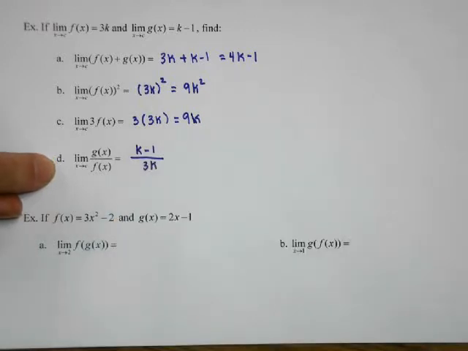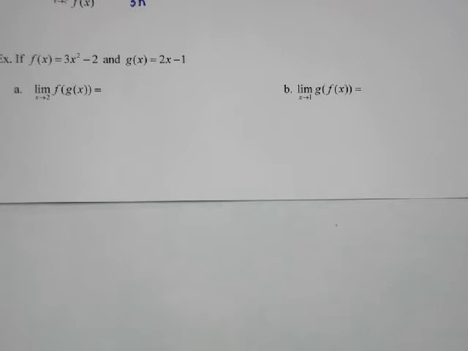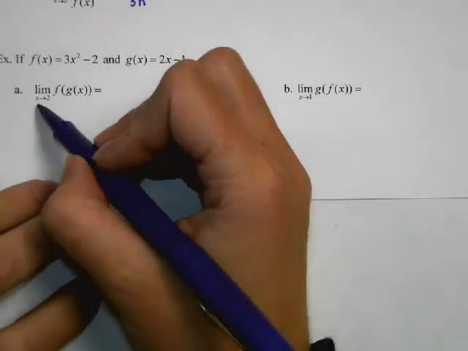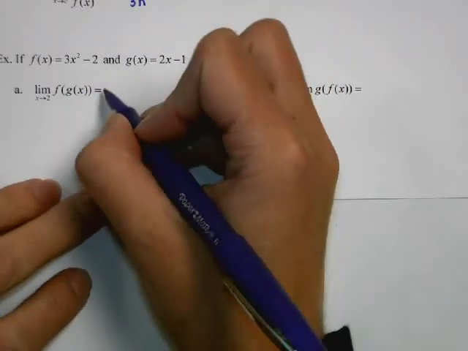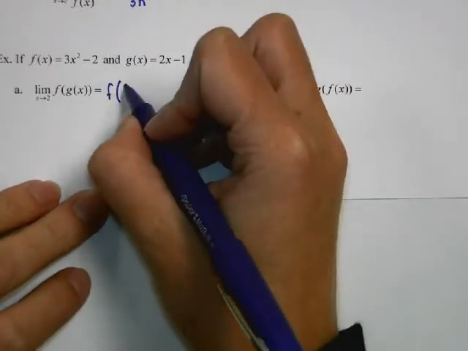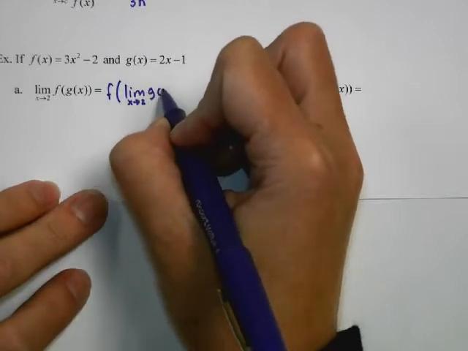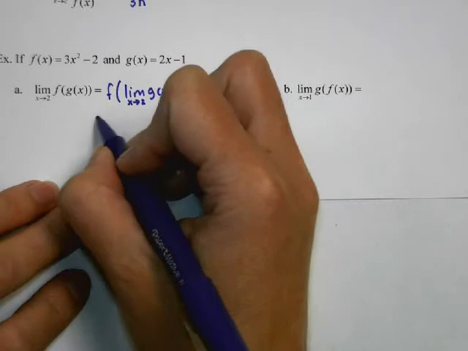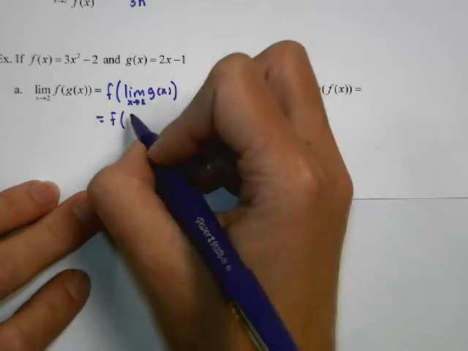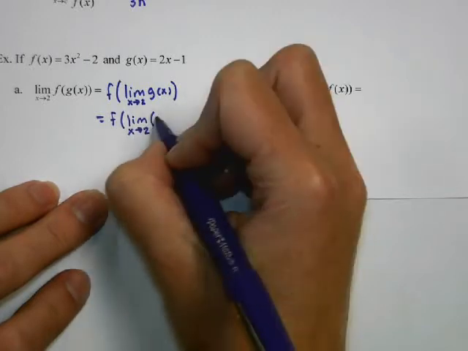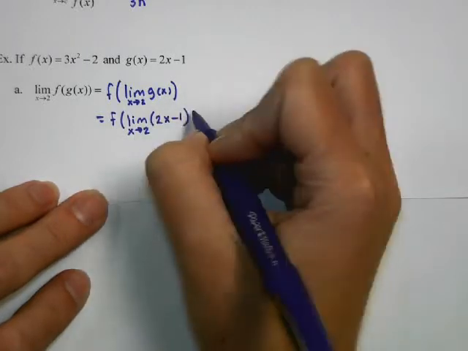Okay, and then the rule for composition. So the limit as x approaches 2 of f of g of x is going to be f of the limit as x approaches 2 of g of x. So that's going to be f of the limit as x approaches 2 of 2x minus 1. To evaluate that, we just plug in 2.